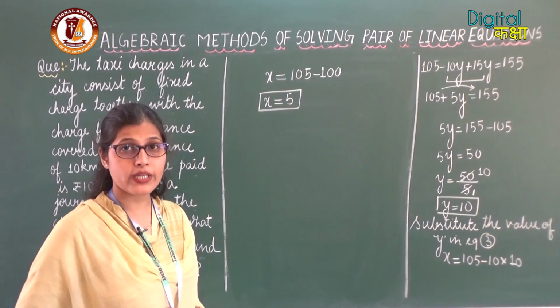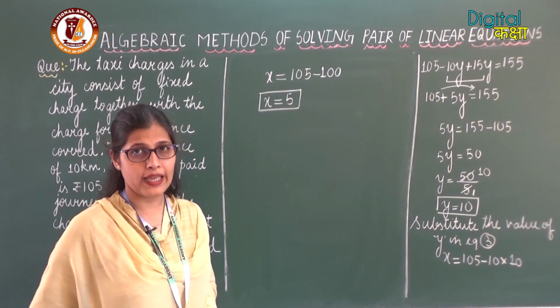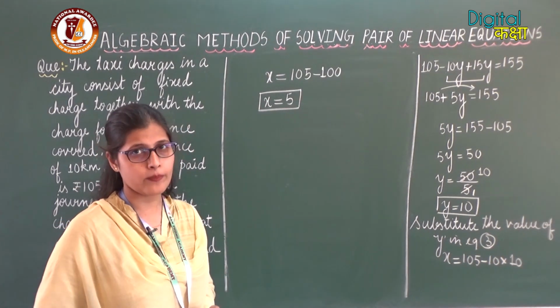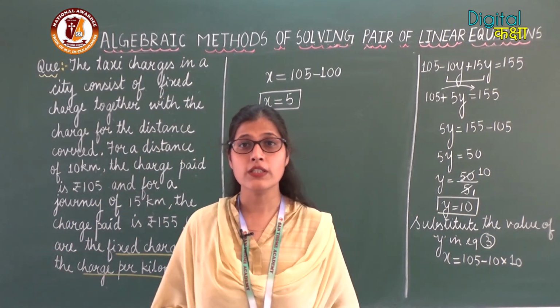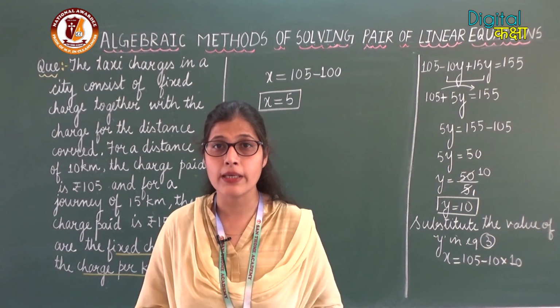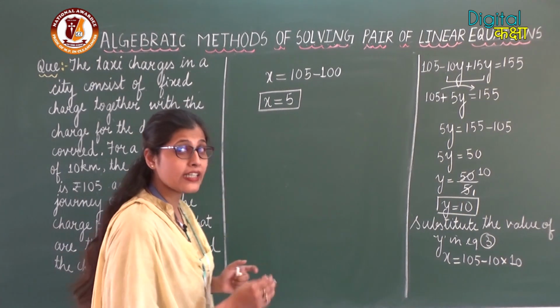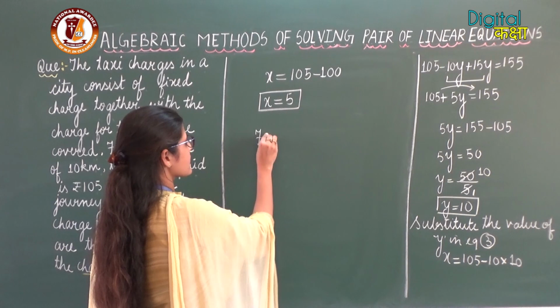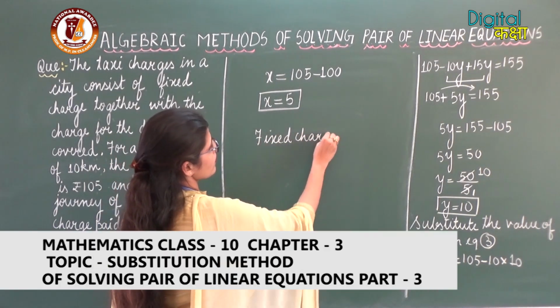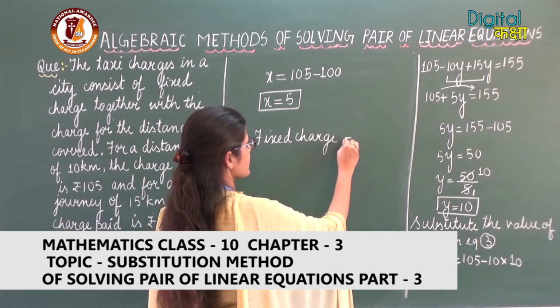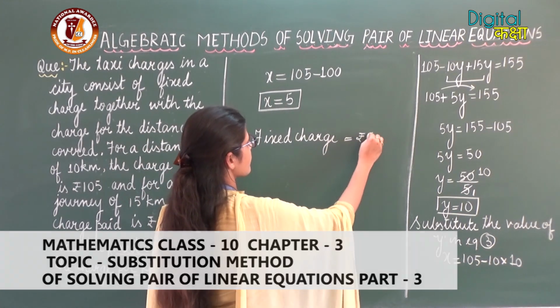So, after solving, we got the value of variable x and variable y. Now, let us recall it. In the beginning, we assumed the fixed charge to be variable x. So, we can conclude that the fixed charge will be rupees 5.